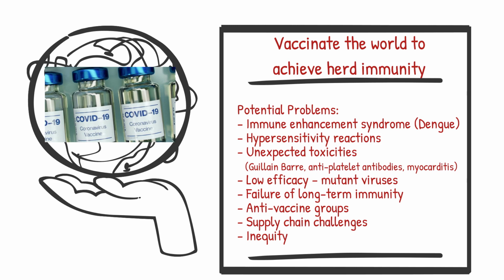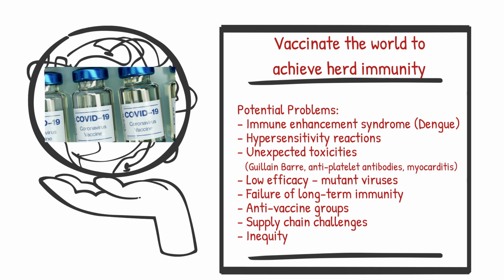It should be emphasized that the number of constituents in the vaccines are limited, and unlike influenza vaccines, none of the current SARS CoV-2 vaccines contain egg products, making an allergic reaction less likely. Unexpected toxicities are a concern with any vaccine.